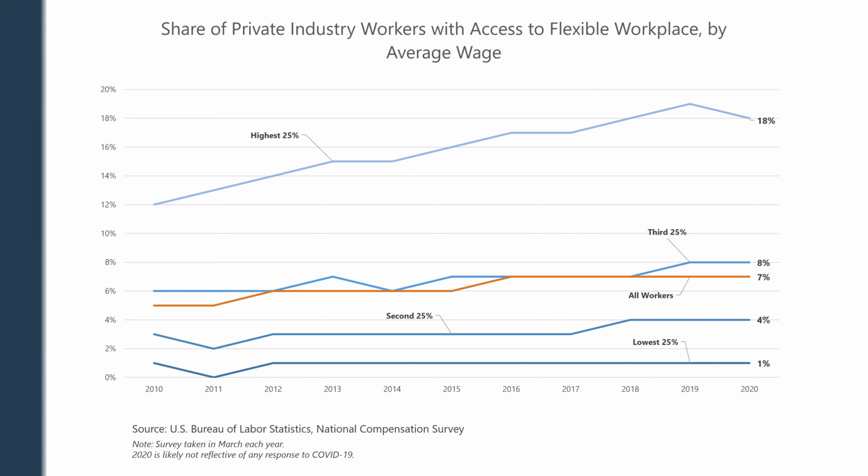But if we look at those that make the most money, the highest 25% of average wages, about 18% have that availability of a flexible workplace. And then at the lower income quartiles, it's much below the average. They're 1% or 4% for those.